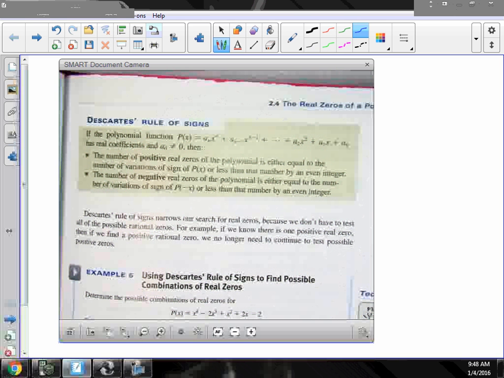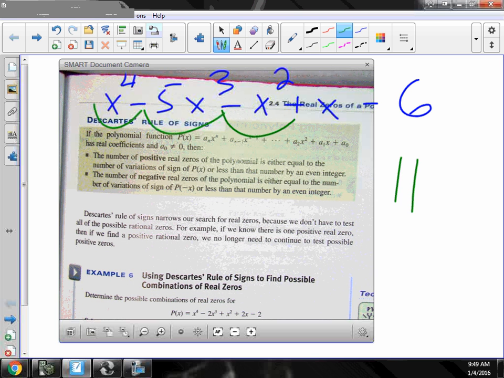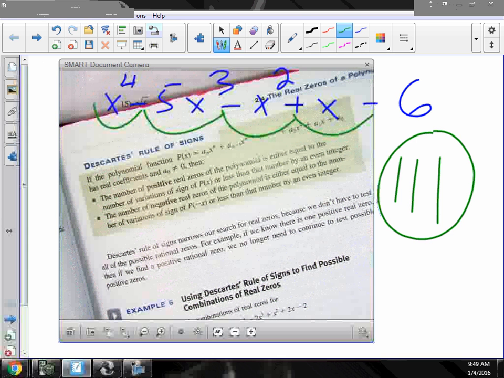So if we had x to the fourth minus 5x to the third minus x squared plus x minus 6, you count what he called the sign changes. So did that sign change? 1. Did that sign change? No. Did that sign change? Yes. Did that sign change? Yes. So 3. So he said, if you count the sign changes, that is the highest number of positive roots you could have.